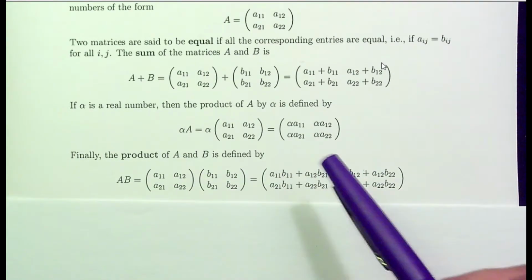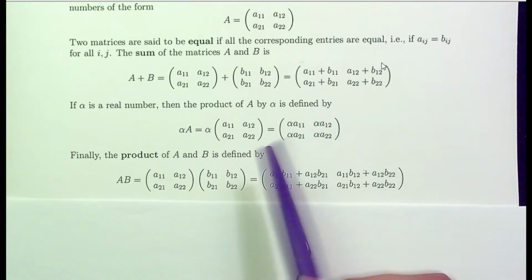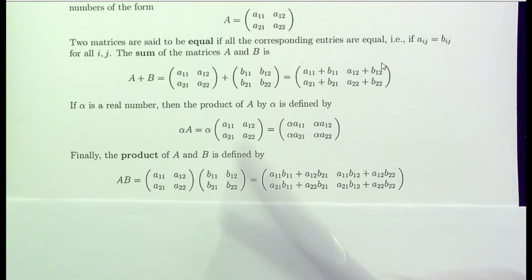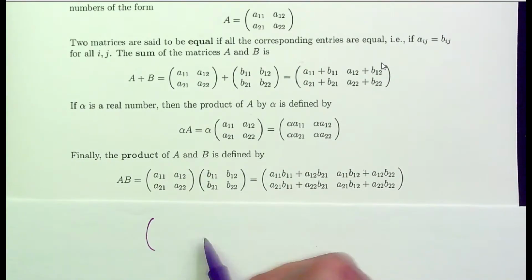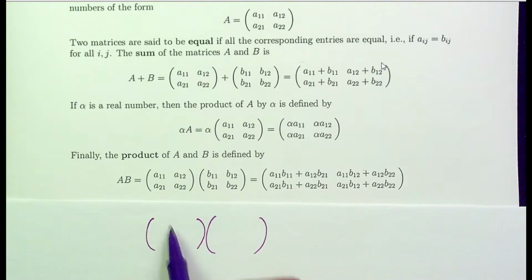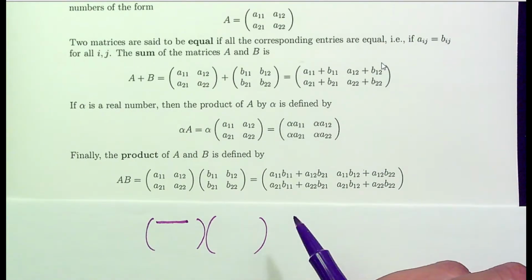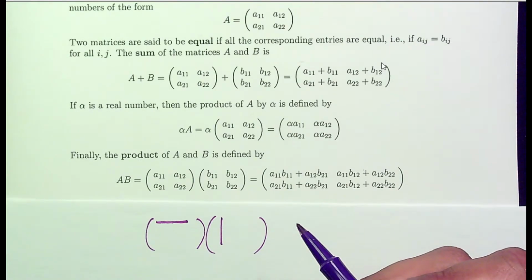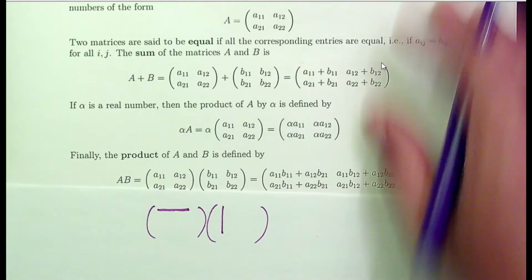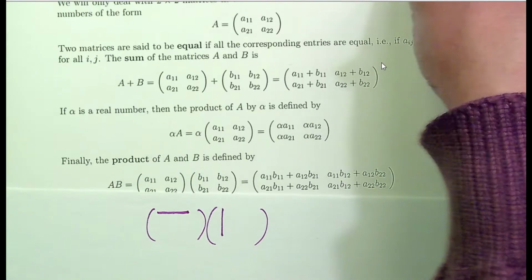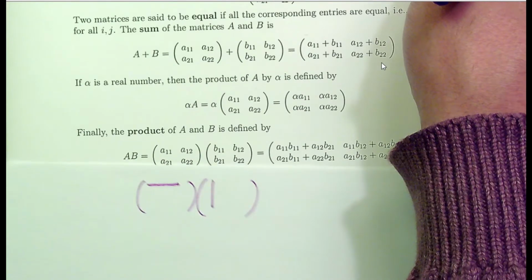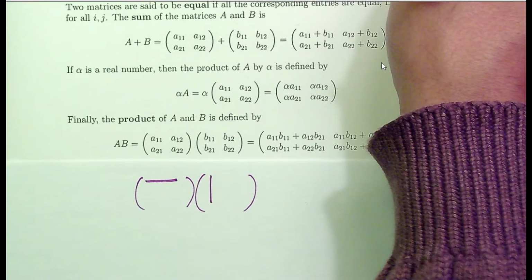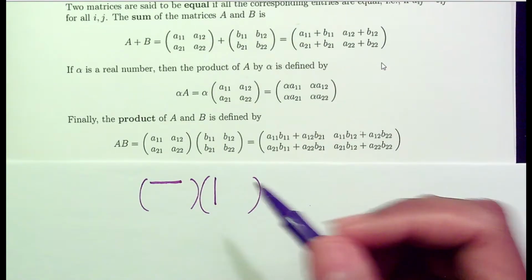And here's how you multiply two matrices. You're going to multiply first the first row by the first column, and you're going to do this using the dot product that you learn in Calc 3 or even in trigonometry. So the dot product of two vectors.